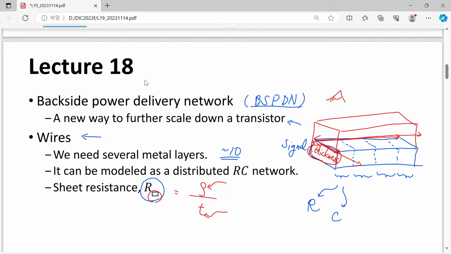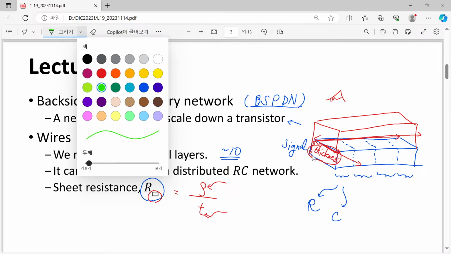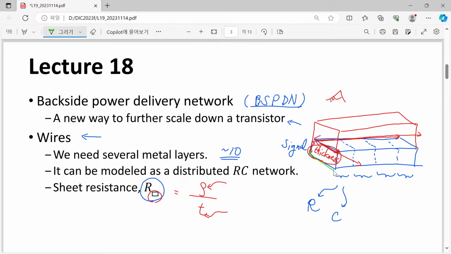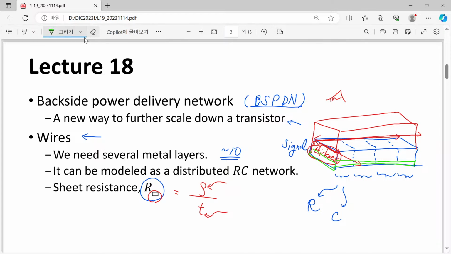On the other hand, if they provide a very short metal wire, then due to the reduction of cross section, we will have a much larger sheet resistance. That was the main content of our previous lecture.